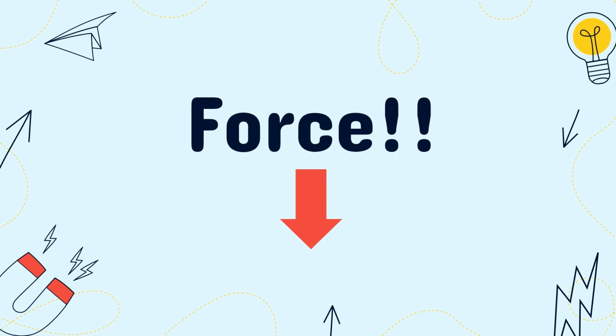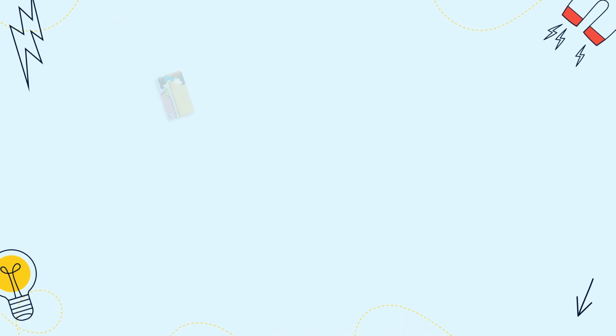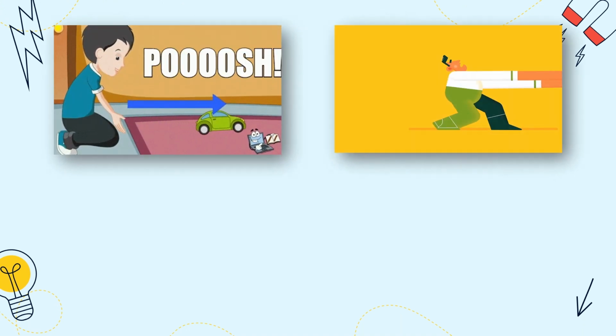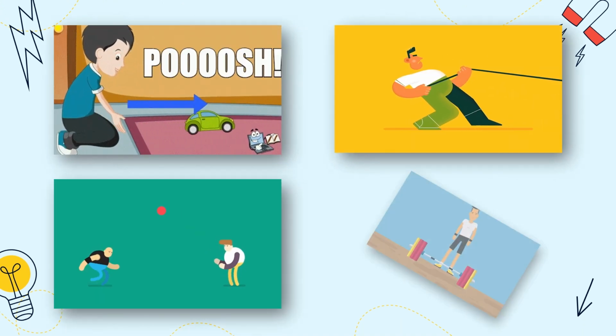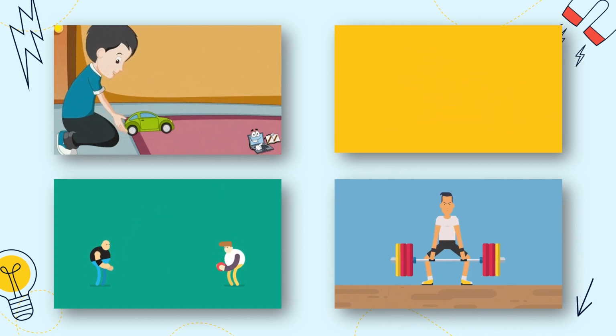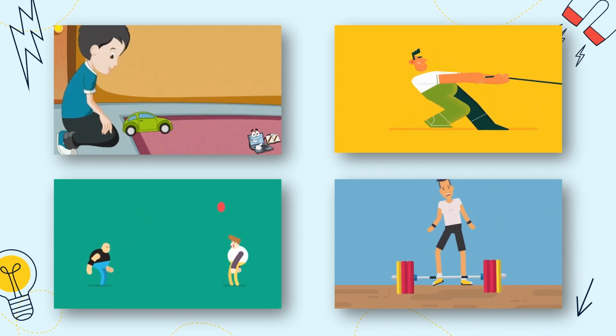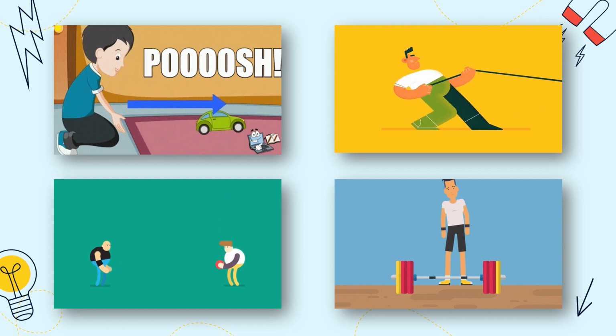Before diving into the topic, you may have witnessed many circumstances which include force, say actions like pushing, pulling, kicking, lifting and many more examples where force is being exerted.